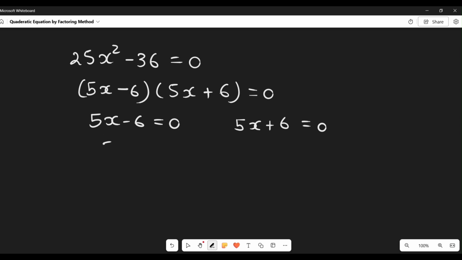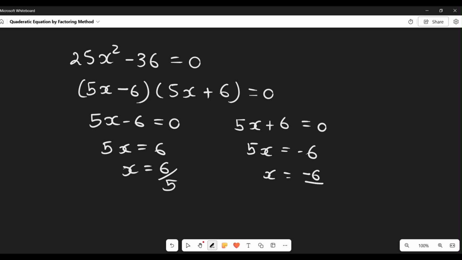So in this case 5x = 6 and the value of x will be 6 divided by 5, while in this case 5x = −6 and the value of x will be −6 divided by 5. So in this case x = 6/5 or x = −6/5.